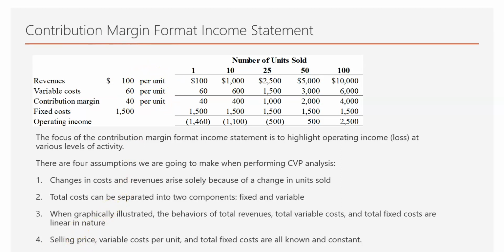The second assumption is that total cost can be separated into two components, fixed and variable. And I do have that here. Fixed here, variable here. When graphically illustrated, the behavior of total revenues, total variable costs, and total fixed costs are going to be linear in nature. Remember when we talked about cost behavior, we talked about linear costs versus nonlinear costs. Linear costs are going to be expressed in one big straight line. And we're going to assume the selling price, variable cost per unit, and total fixed costs are all known and constant.